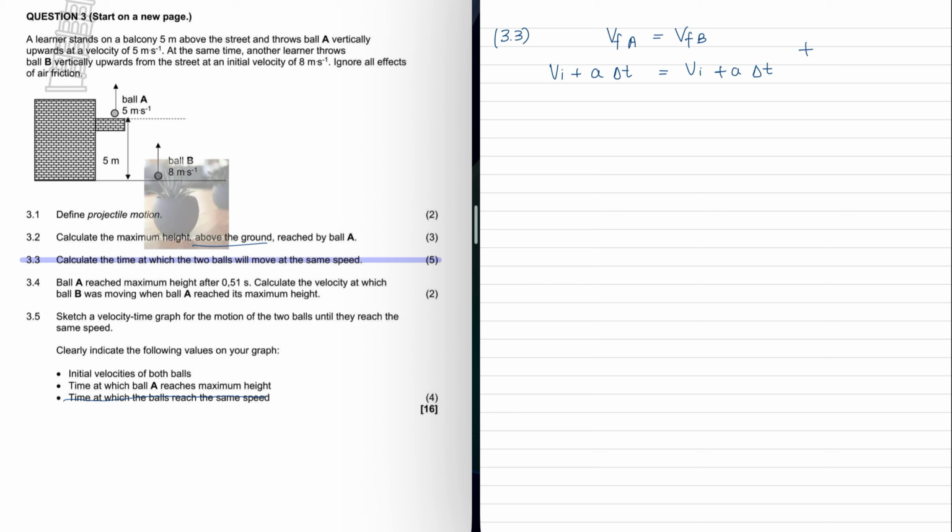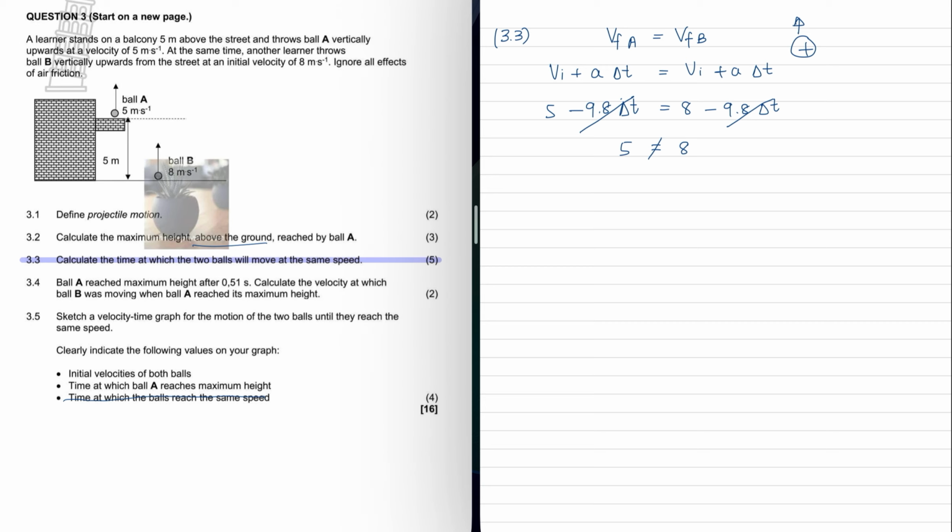Assuming they've chosen up as positive, you could then say 5 minus 9,8 delta t equals 8 minus 9,8 delta t. However, the problem is that the minus 9,8 delta t cancels and you're left with 5 equals 8, which is not true.